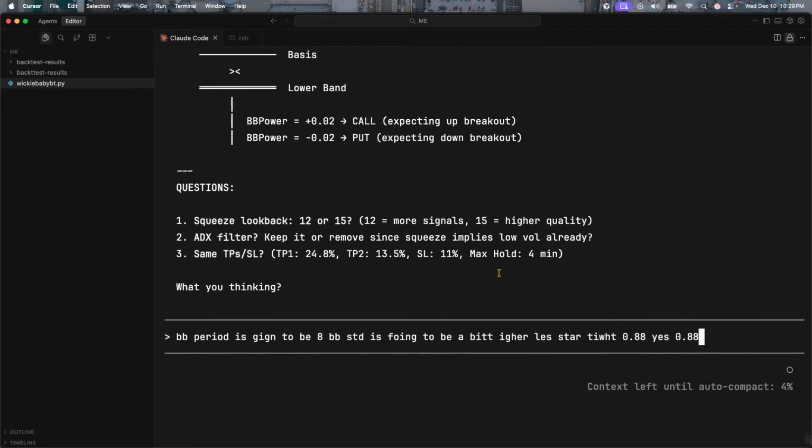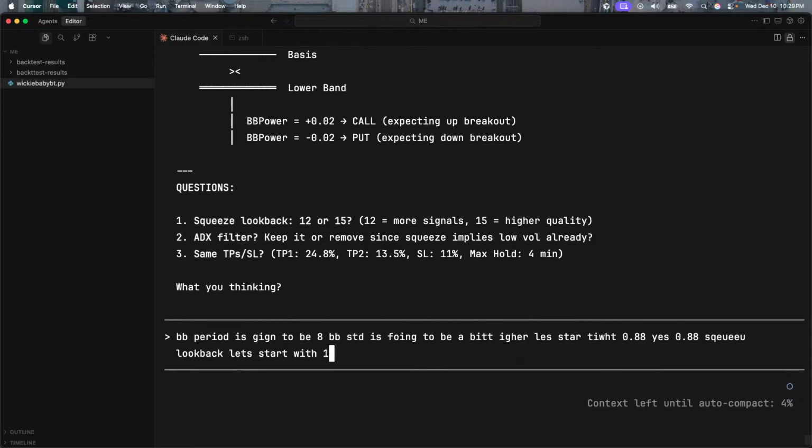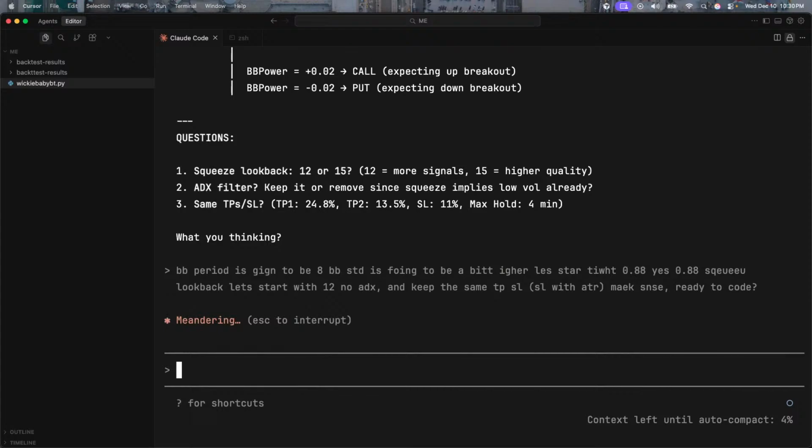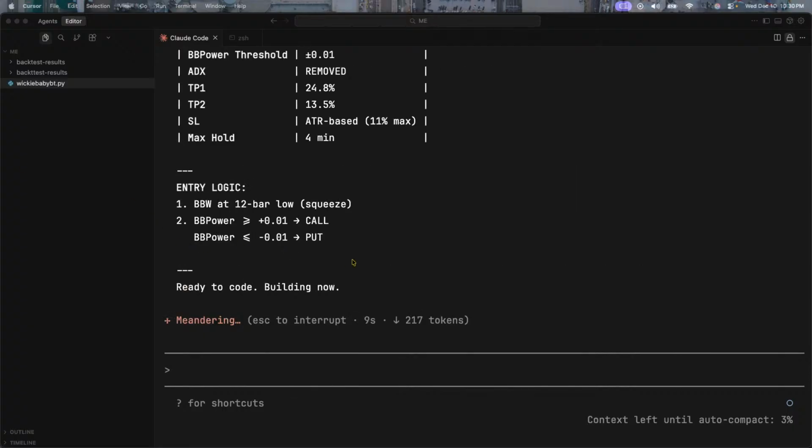And then squeeze lookback, let's start with 12. No ADX. And then keep the same TP and SL with the ATR. Makes sense. Ready to code. Beautiful, beautiful, beautiful. All right, ready to code.